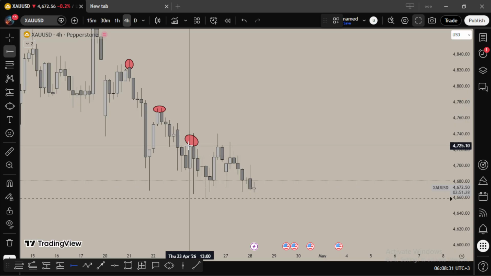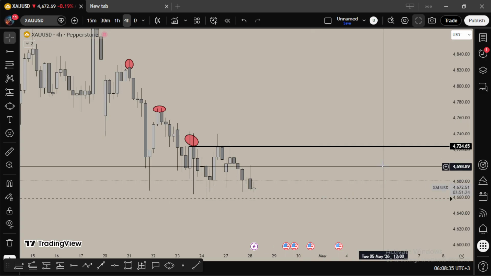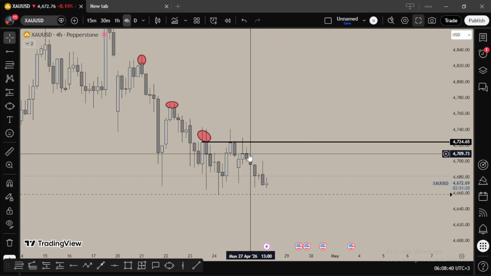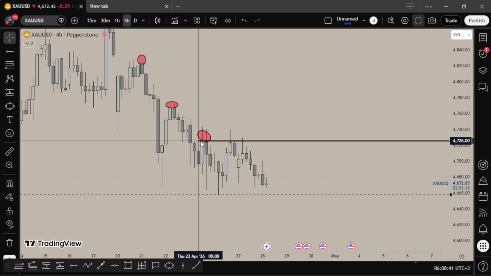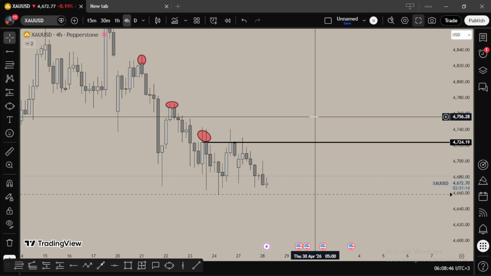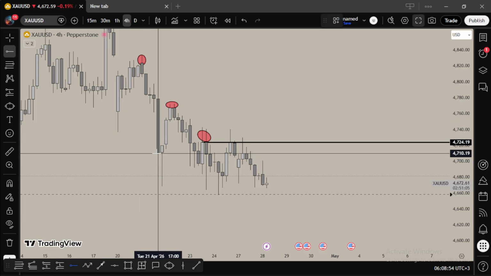when price breaks above that area. So in this situation, I know if price breaks above 4724.65, we are extremely bullish. But if it maintains structure beneath that level, we are continuously bearish. Levels that are significant are levels that can easily be seen in the 4 hour and 1 hour time frame.